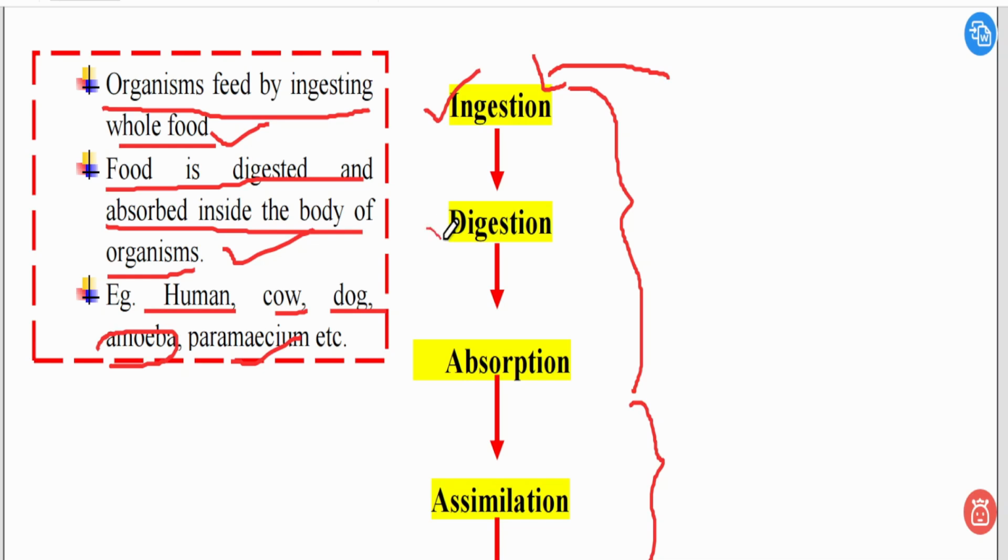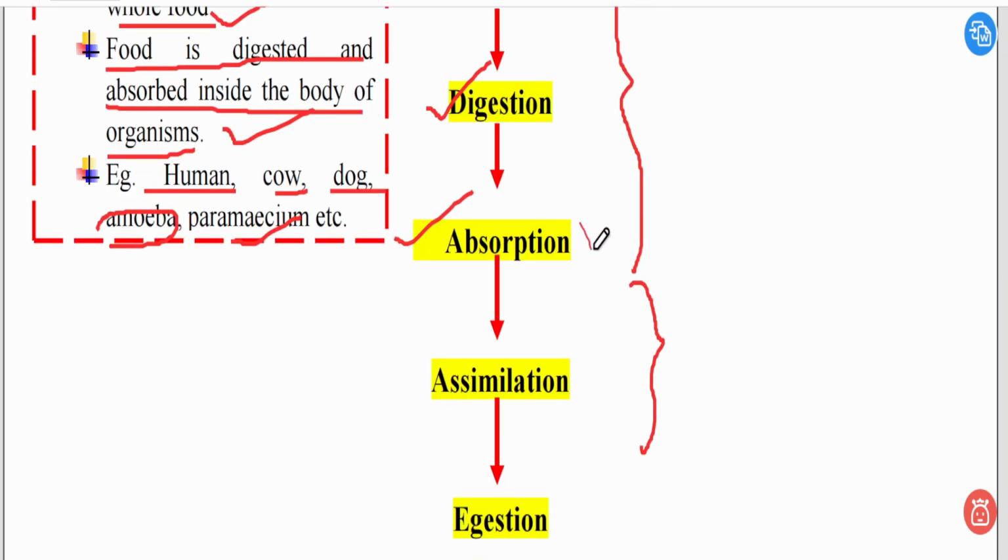Then after digestion comes the absorption of nutrients, and after absorption there occurs assimilation, because the nutrients are transported from the small intestine to the different cells of the body.